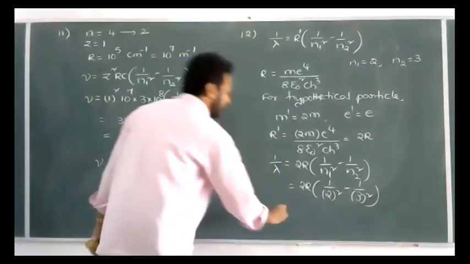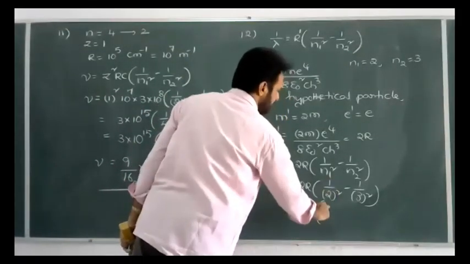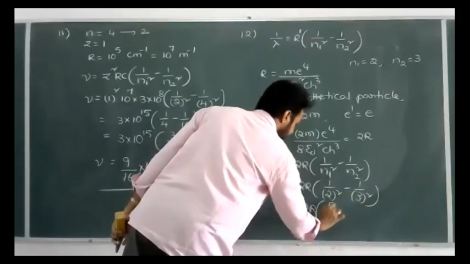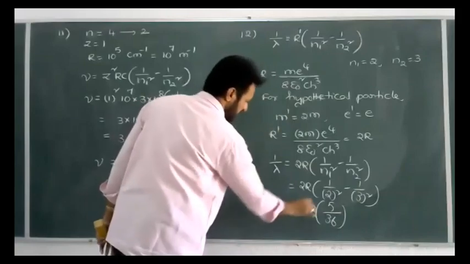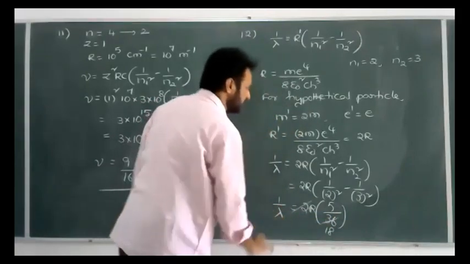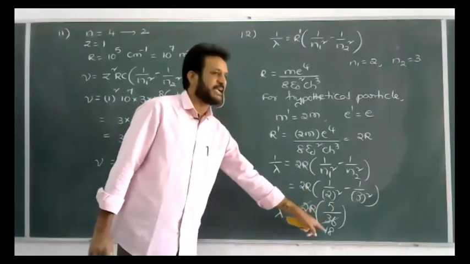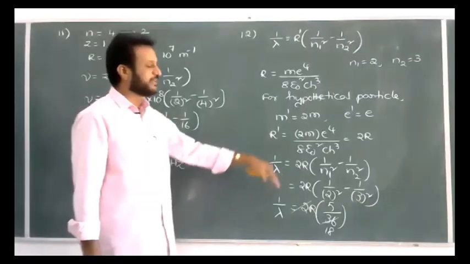That is equal to 2r into, simplify this, 1 by 4 minus 1 by 9, that is equal to 5 by 36. And the 2 and 18 get cancelled. So 1 by lambda is equal to 5r by 18, or lambda is equal to 18 by 5r.